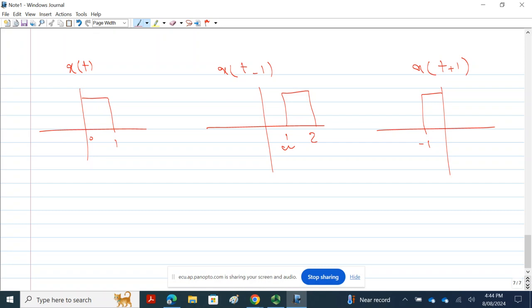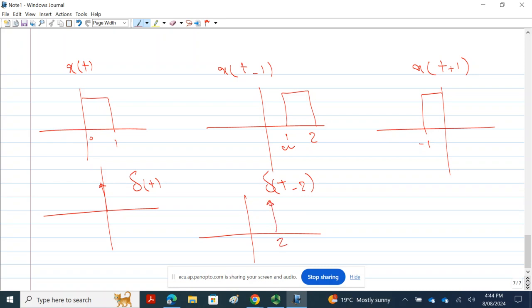So you are advancing the signal. It's the same for delta. If I tell you that's my delta, what's delta(t minus 2)? It goes to the right, and that's my 2. That's how you move your sampling by time shift.